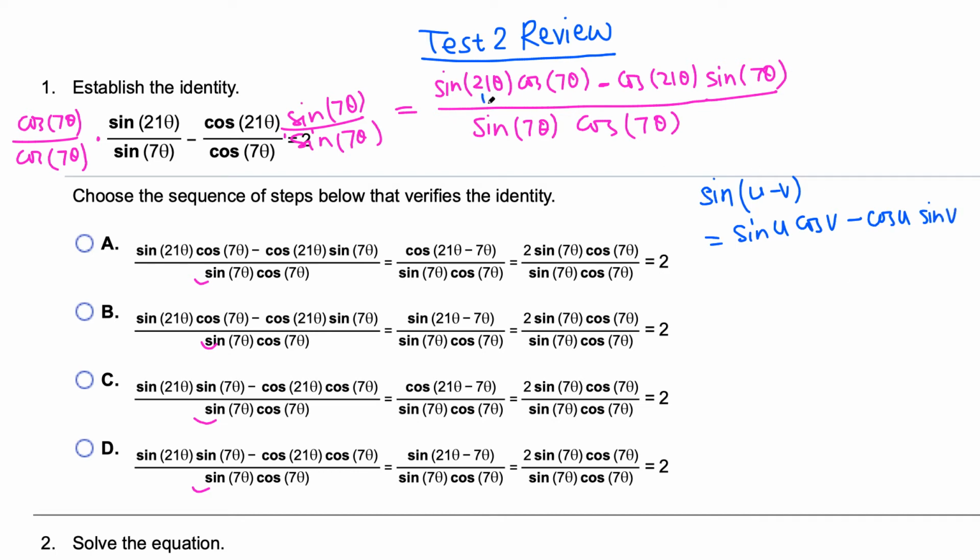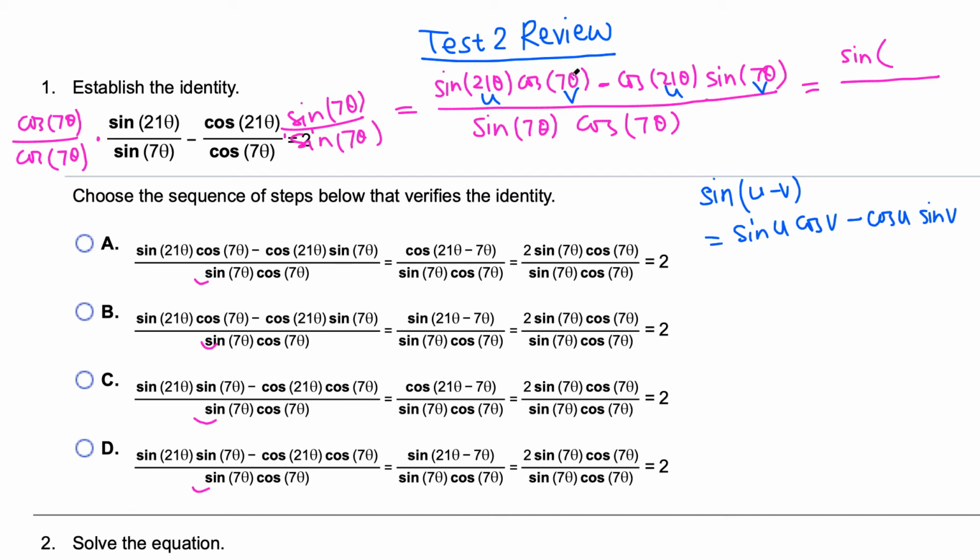If I assume u and v, then this top reads sine u cosine v minus cosine u sine v, and that is exactly, in compact form, sine of u minus v. So on the top we have sine of 21 theta minus 7 theta.